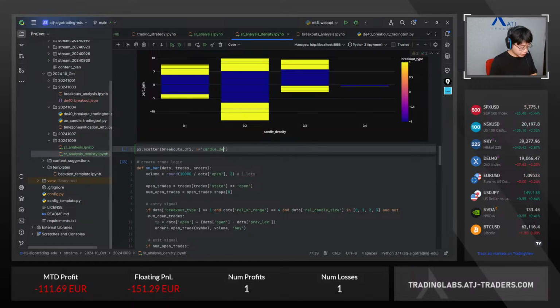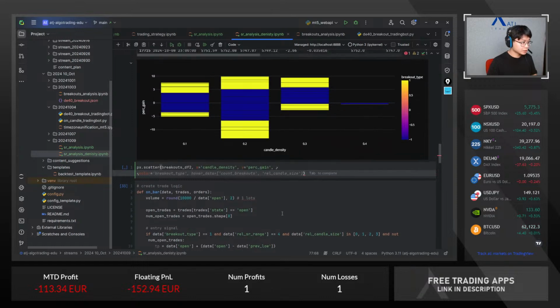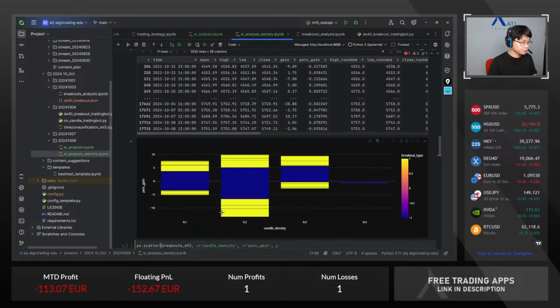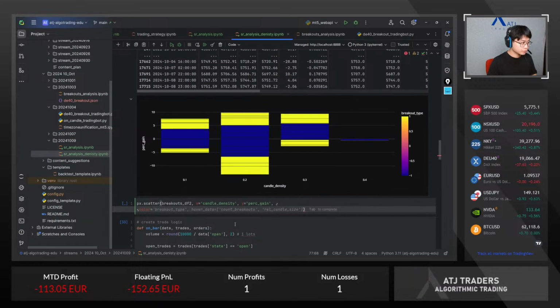I'm going to make a 3-dimensional analysis, putting x on candle density, y is our percentage gain, and the color will be the candle size.